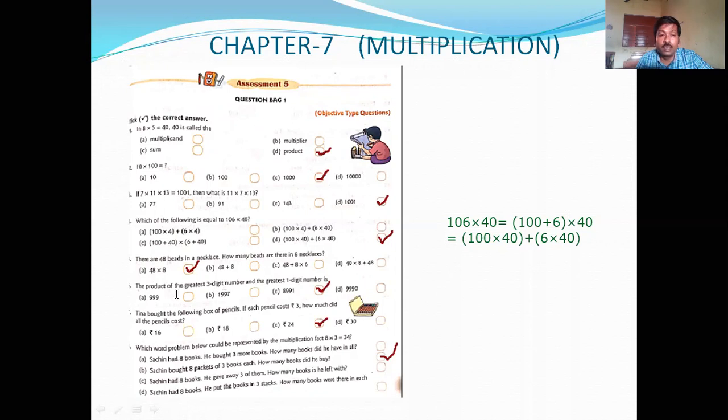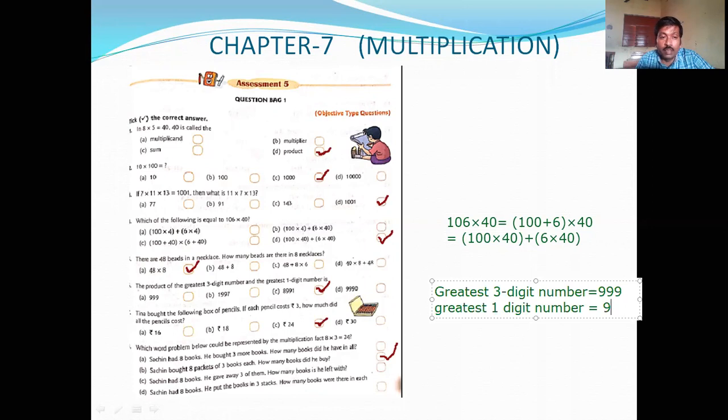The product of the greatest 3-digit number and the greatest 1-digit number is, so to find the multiplication, the greatest 3-digit number is 999 and the greatest 1-digit number is 9.